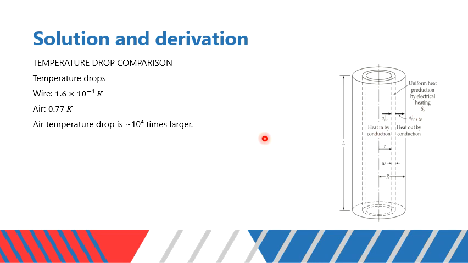Because of the wire, we are getting 1.6 into 10 raised to power minus 4 Kelvin of temperature increase, and with air it is 0.77 Kelvin. So the air temperature drop is 10 to the power 4 times larger than the heat conduction through the wire.